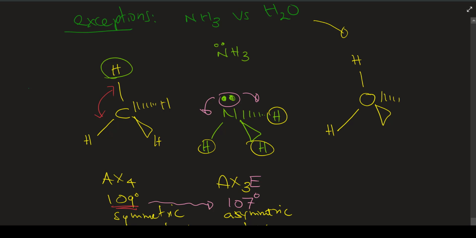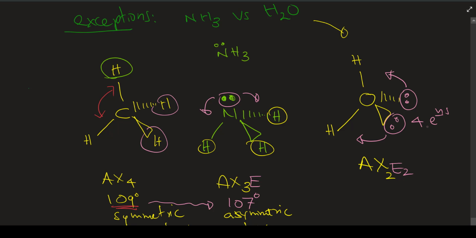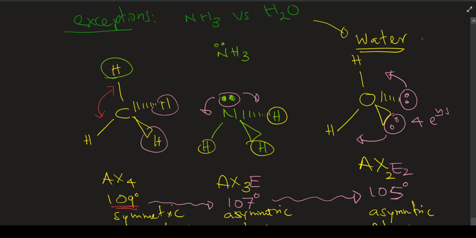Draw a similar molecule like CH4, but these two will become lone pairs. Now E2, the lone pairs, and then what is AX2? H2O, right? AX2. Now here 4 electrons are pushing so hard on the hydrogens that your angle goes from 107 to 105, and it's asymmetric and it's polar. So now you see your angle change.